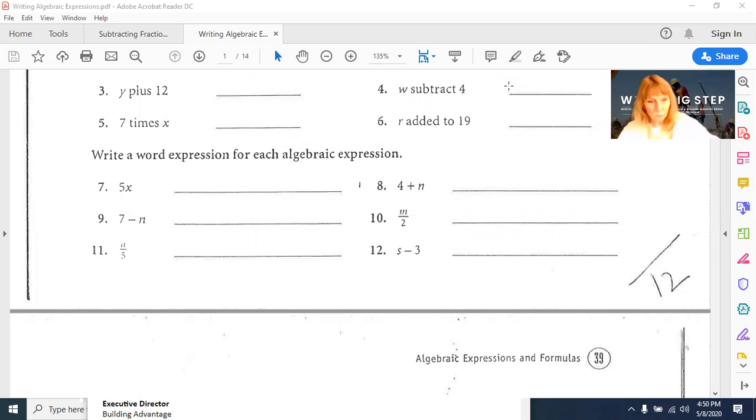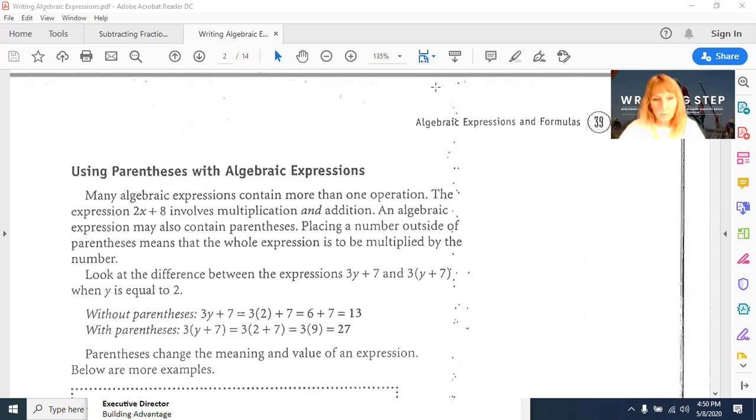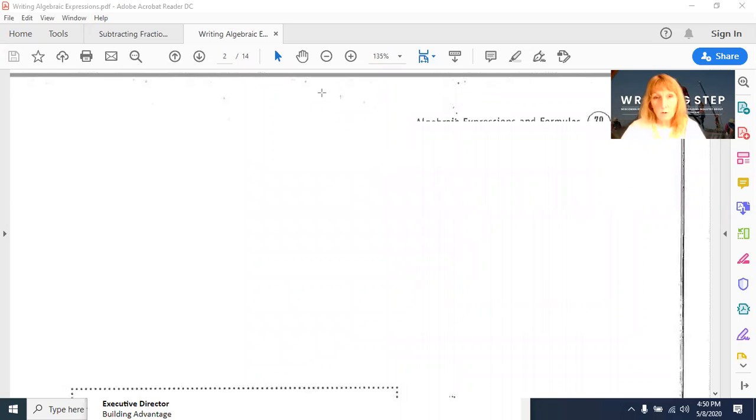I want to look at parentheses for a minute on page 39. Before I even bring this up, I want to talk about it. Parentheses have a certain order that things need to be done in, right? And they mean different things. So for example, if you have 2y minus 7, that means 2y minus 7.